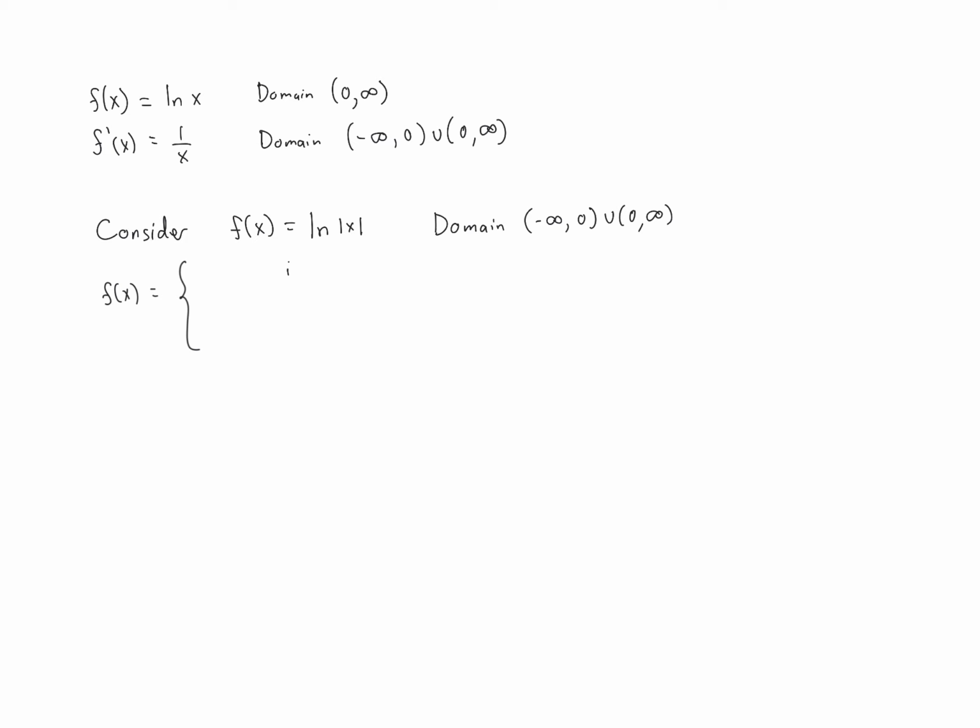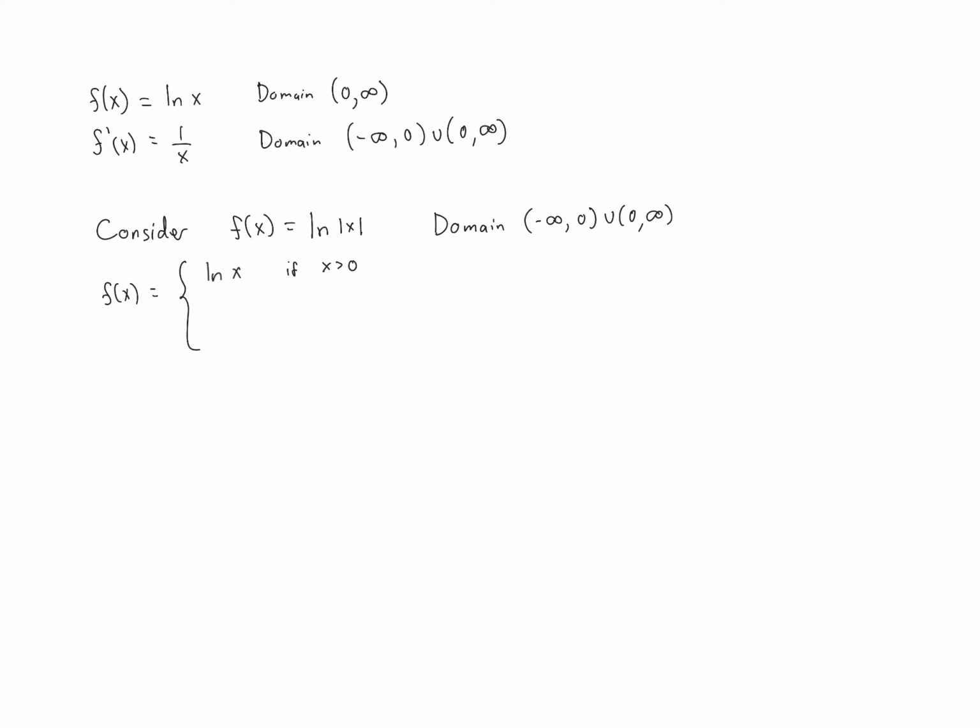If we're looking at positive numbers, x is greater than 0, then the absolute value symbols here don't do anything because we've already got a positive number. And so ln of the absolute value of x is really just the same as ln of x, right?